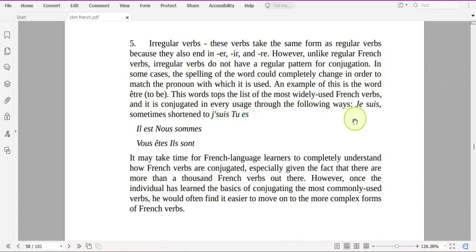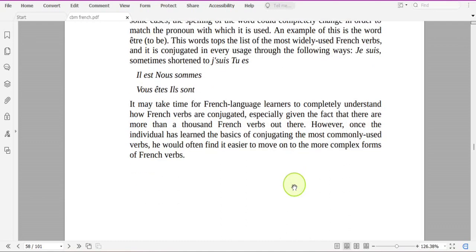In some cases, the spelling of the word could completely change in order to match the pronoun with which it is used. An example of this is the word être. This word tops the list of the most widely used French verbs, and it is conjugated in the following ways: je suis, sometimes shortened to j'suis, tu es, il est, nous sommes, vous êtes, ils sont.